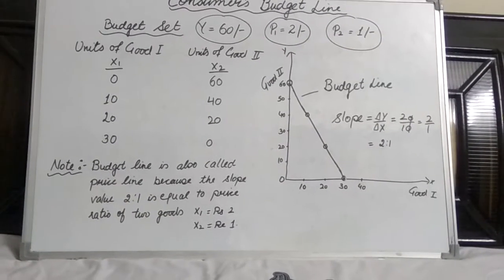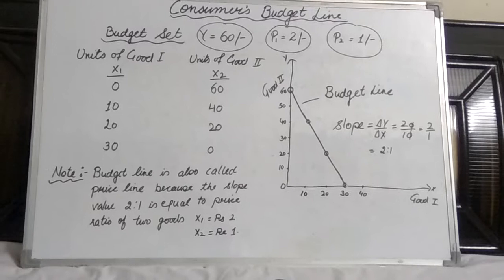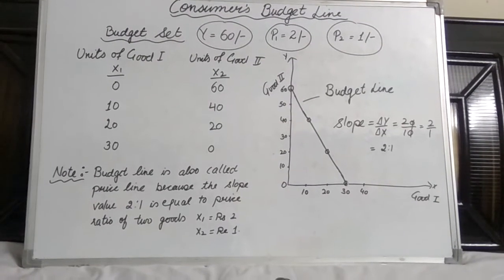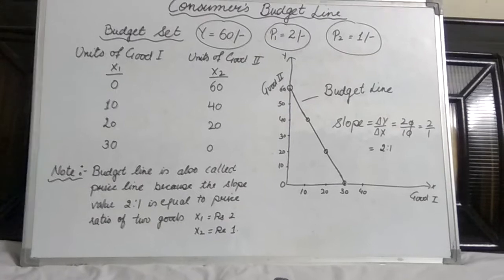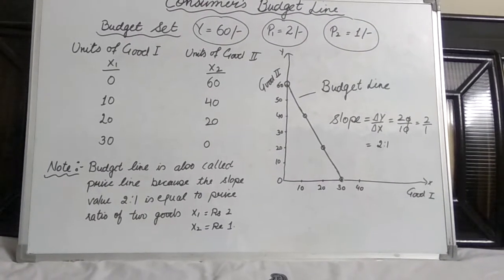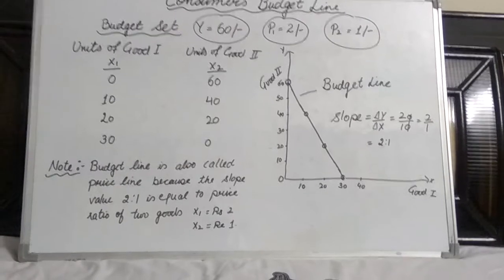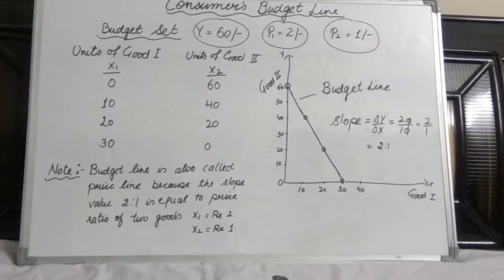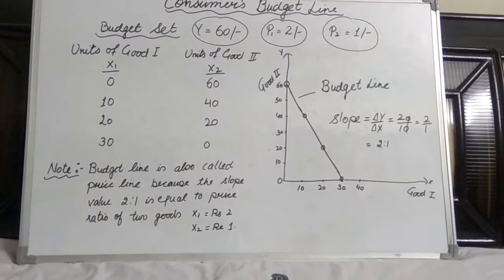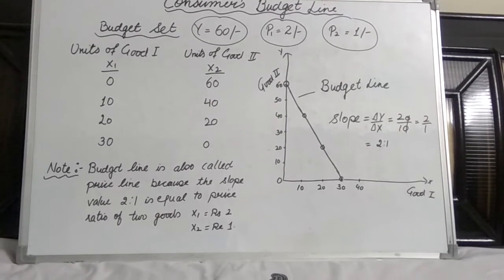In the second combination, the consumer buys 10 units of good 1 and spends 20 rupees on that. Out of 60, 40 rupees are spent on good 2, and as per rupee 1, he purchases 40 units of good 2 as the price of the second good is rupee 1.